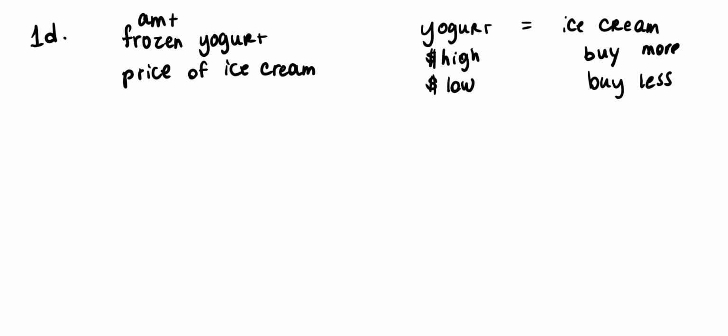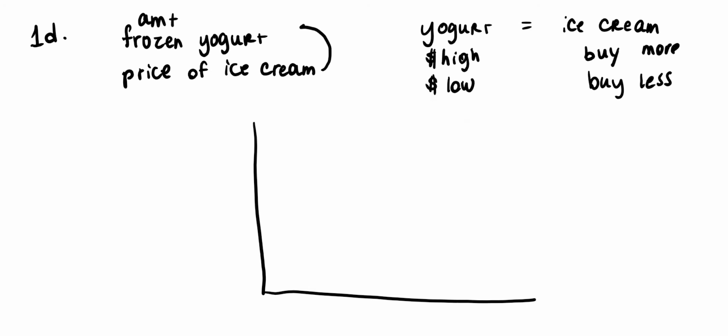So in this case, let's consider how we would graph this. So first, let's ask ourselves, where's the intuition? Is it that the amount of frozen yogurt bought depends on the price of ice cream, or that the price of ice cream depends on the amount of frozen yogurt that you buy? Well, the way the problem is written, and what would conform to intuition, is that it's the price of ice cream that's determining the amount of frozen yogurt that you buy.